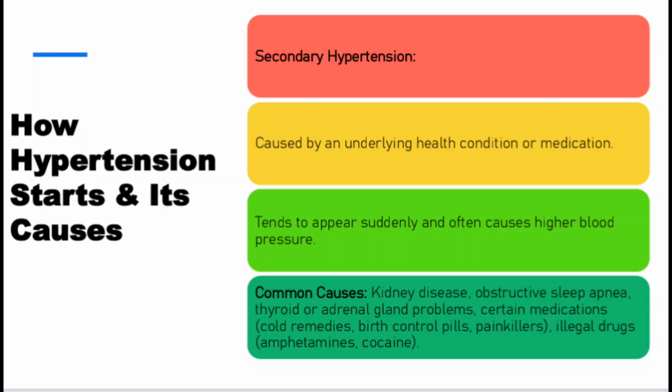Then the common causes of secondary hypertension: kidney diseases, obstructive sleep apnea, thyroid and adrenal gland problems, certain medications like cold remedies, birth control pills and painkillers, then illegal drugs like amphetamine and cocaine.